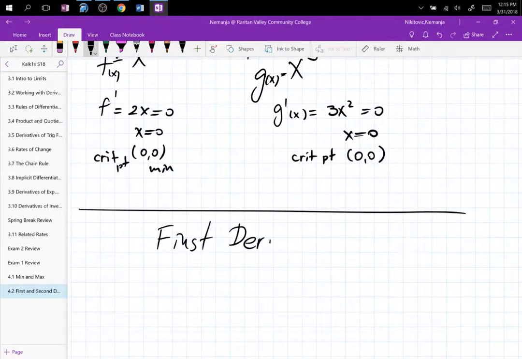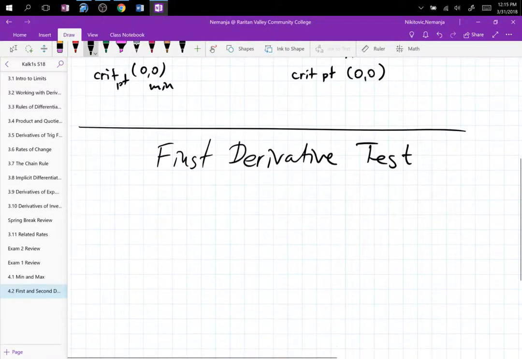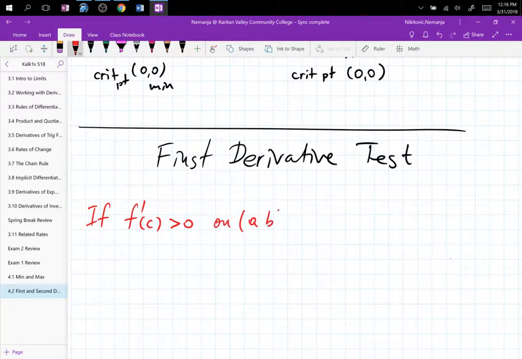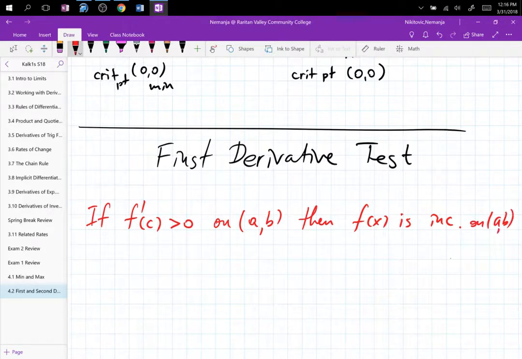First derivative test. And I'm immediately going to write the rules for it. This is the procedure that you must memorize. It says, if f prime of c is larger than 0 on some open interval a, b, then f of x is increasing on a, b. So that's the rule.